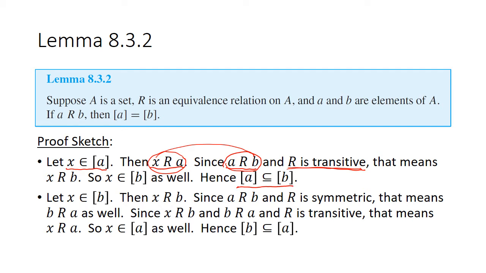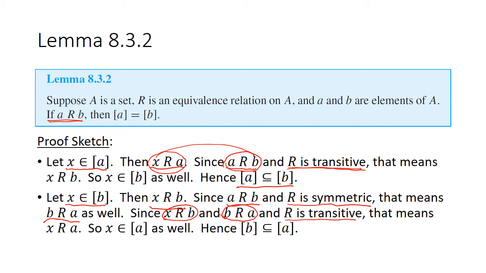And now the other way around: we suppose that X is an element of the equivalence class of B. That means that X is related to B by R. Since we know that A is related to B, because that was the if statement up here, and R is symmetric, we can switch that around and say that B is also related to A. Now look at what we have: X is related to B, B is related to A, and R is transitive because it's an equivalence relation.